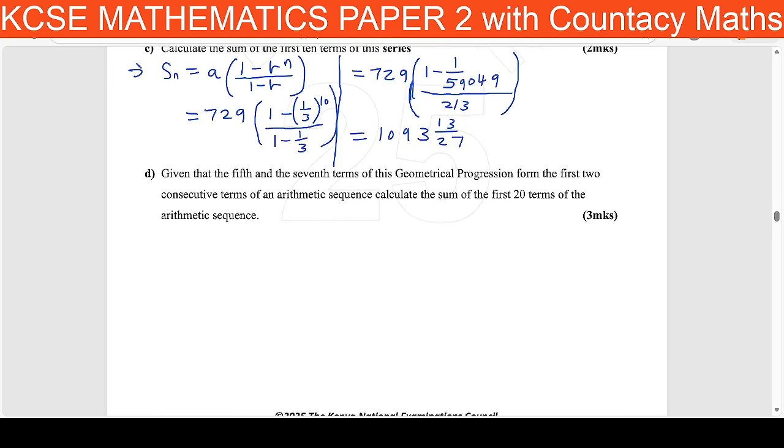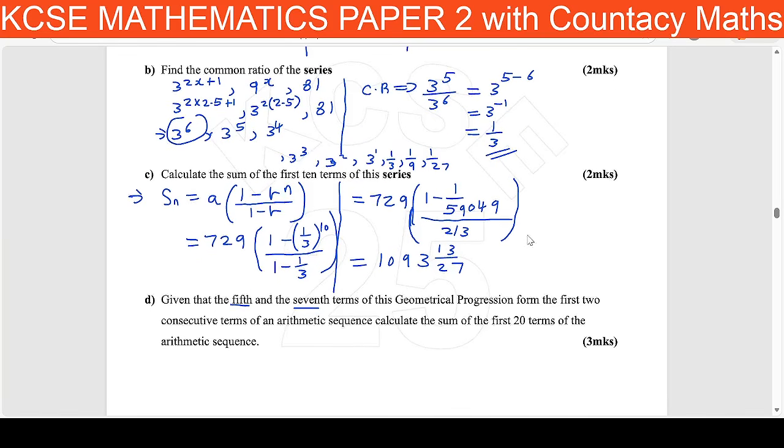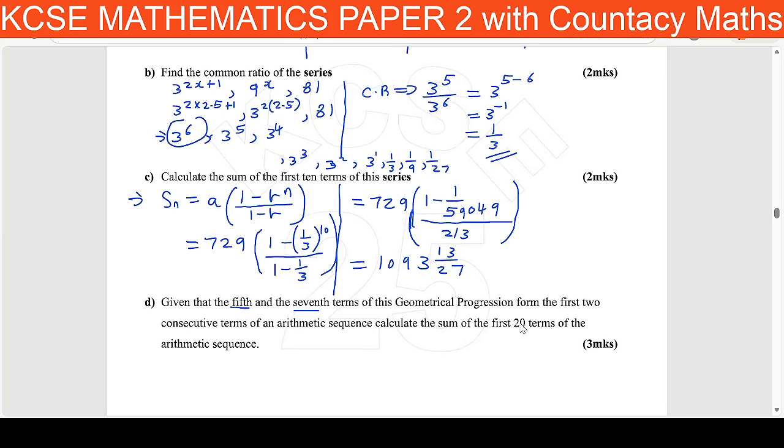The last part reads as follows: given that the fifth and the seventh terms of this geometric progression form the first two consecutive terms of an AP sequence, calculate the sum of the first 20 terms of the arithmetic sequence.